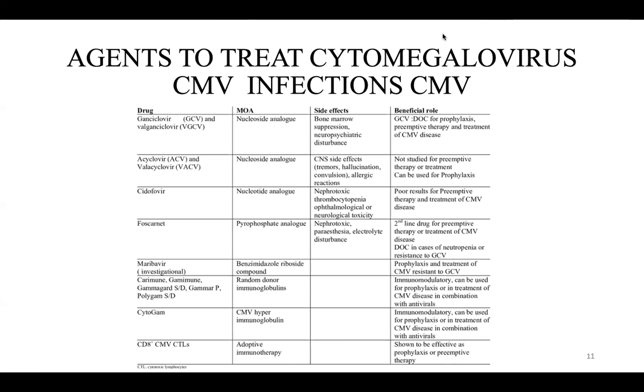Infection occurs primarily in the setting of advanced immunosuppression and is typically due to reactivation of latent infection. Dissemination of infection results in end organ disease, including retinitis, colitis, central nervous system disease, esophagitis, and pneumonitis.